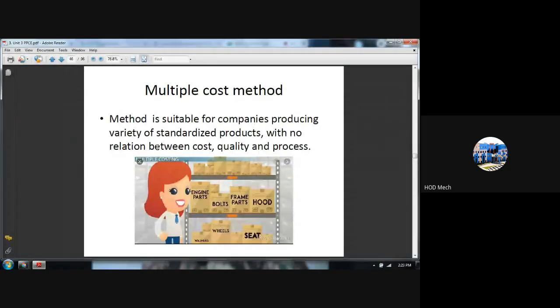So they will be producing different products at the same time. When this is the case, that industry will stick to the multiple costing method, because every single type of product will have its own method of costing analysis.